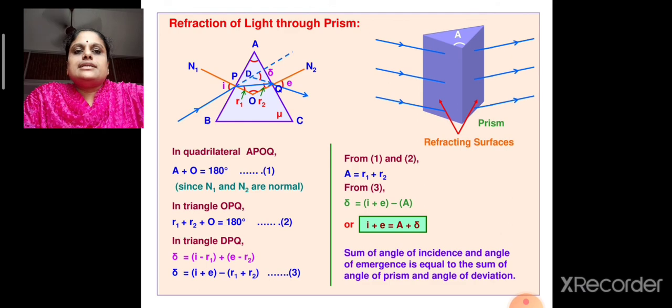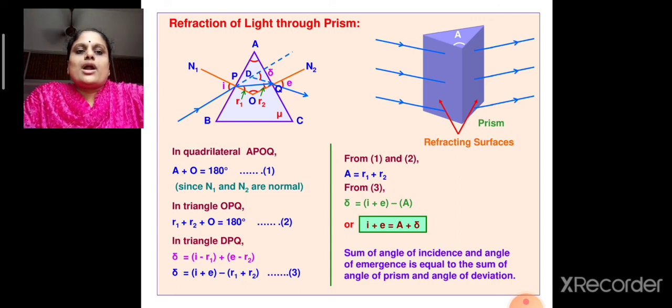Here the exterior angle theorem is applied. That is, exterior angle delta must be the sum of the two interior opposite angles, or delta is equal to i plus e minus r1 plus r2.